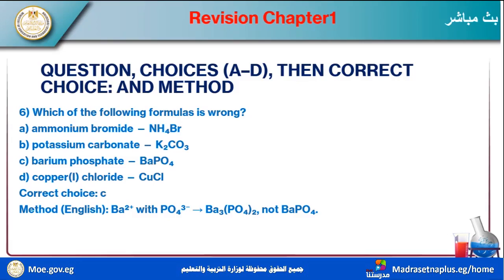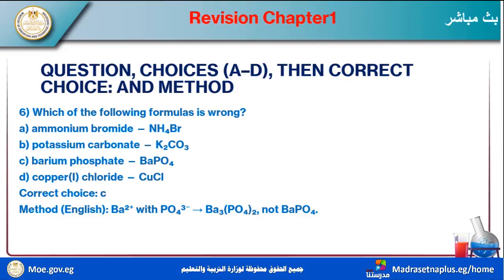If I didn't know the valency, I write here copper(I) chloride. Copper 1, I mean the valency here is 1, not 2. If you write copper chloride without 1 or 2, I mean that it is copper 2. Now the correct choice is C, which is incorrect as a molecular formula.